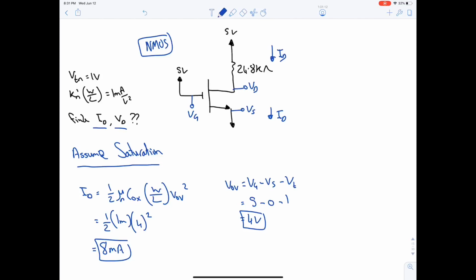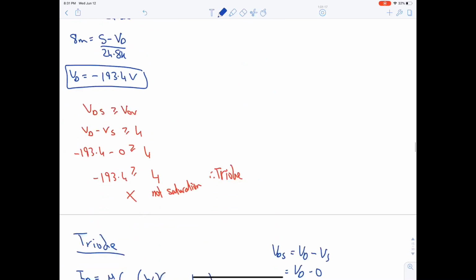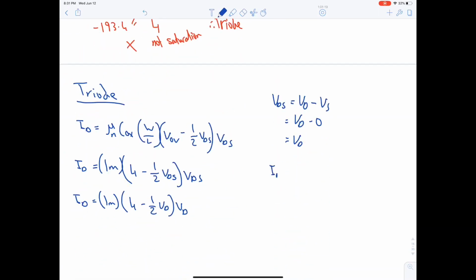It will be ID equal to 5 minus VD over 24.8K. So VD is equal to 5 minus 24.8K multiplied by ID.